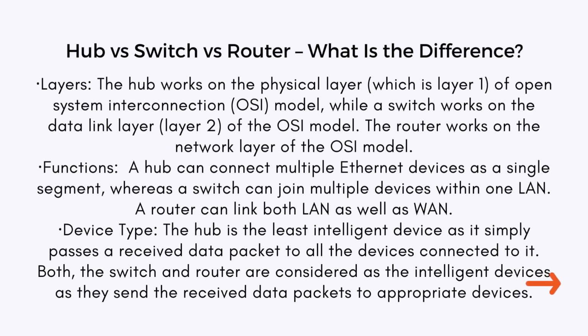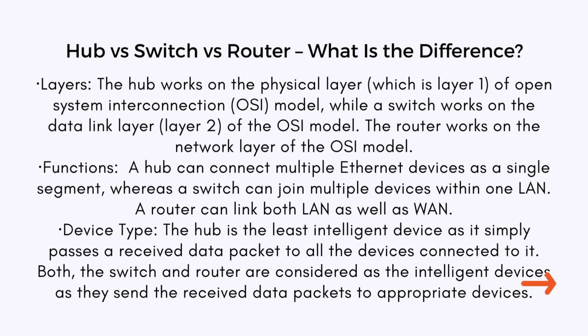Functions. A hub can connect multiple Ethernet devices as a single segment, whereas a switch can join multiple devices within one LAN. A router can link both LAN as well as WAN. Device type.